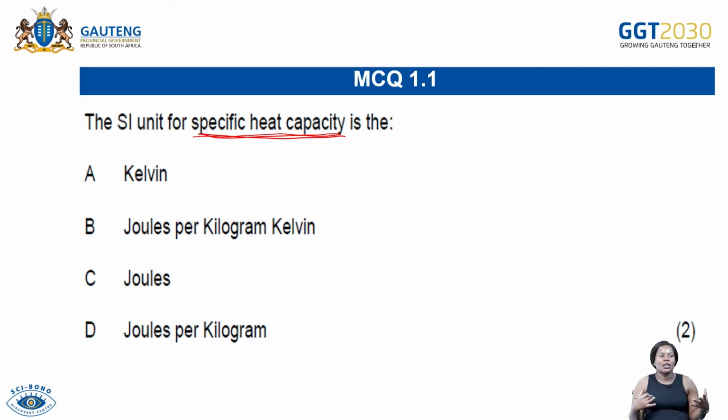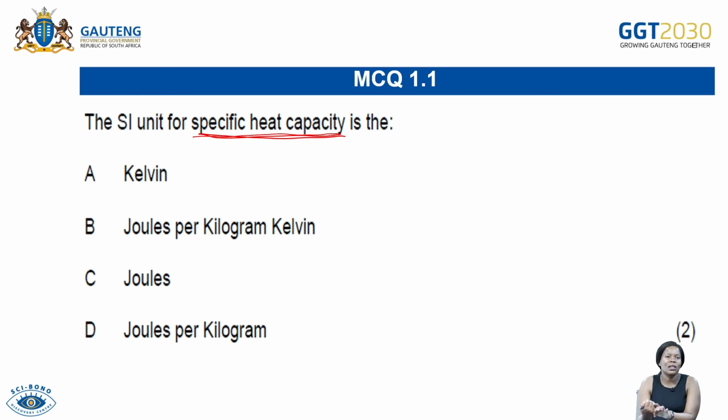Usually they're going to give you a table with specific heat capacity for different types of matter, for water, for oil, and you have to select what you want at that specific time and use it in your calculations. But the question right now is which SI unit is for the specific heat capacity. How do we measure the specific heat capacity?